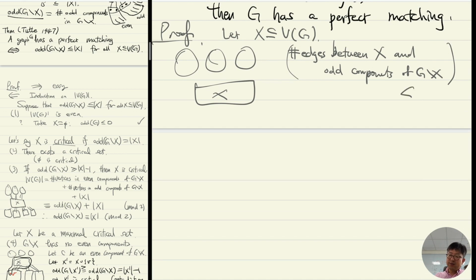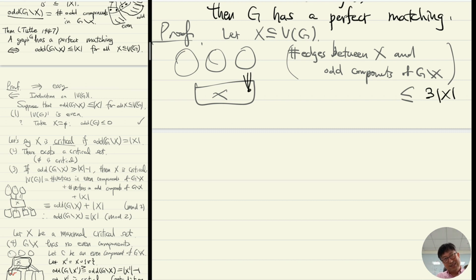So one way is, well, each vertex in X can receive at most 3 edges. So it's 3 times |X|. And remember, the graph has no cut edges, so that means you're not going to have any loops.